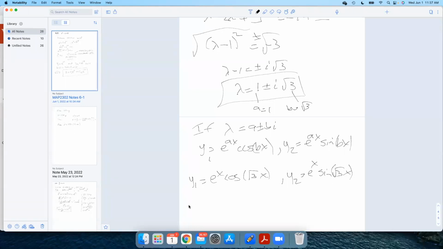And then the general solution is just the linear combination of these two, y equals c1. I'm literally just writing all this down now. Sine of root 3x. All right, any questions?